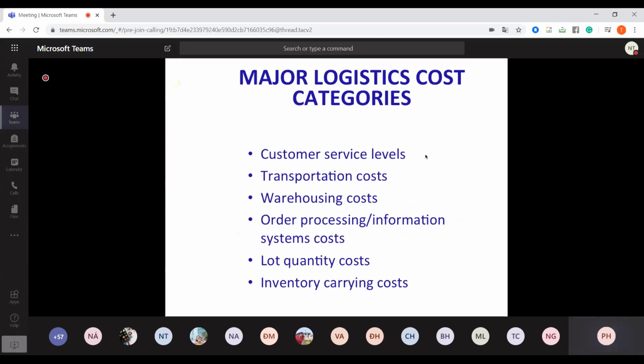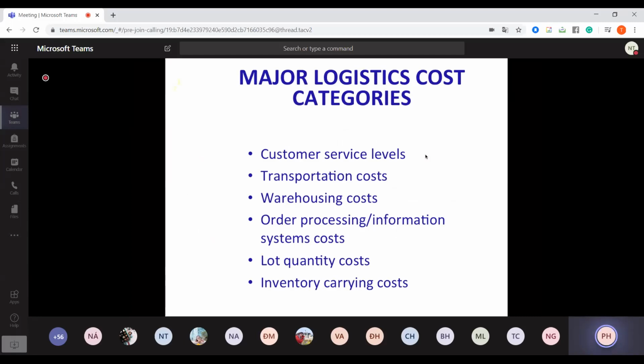So the major logistic cost categories can also be classified according to the activities in the whole logistics system. Like we have to think about the cost of meeting customer requirements, or in other words, the customer service level. So how do we reach the customer service level? How about the cost to reach that?